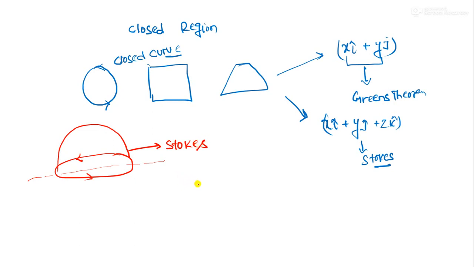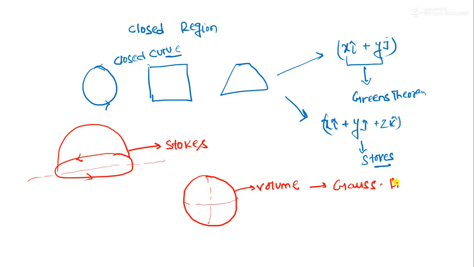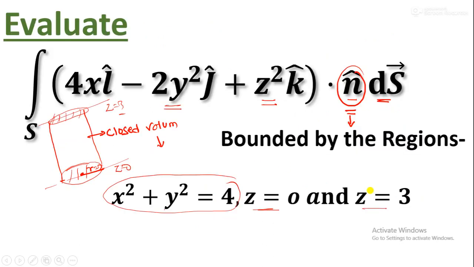And if we deal with an entirely closed surface, let's take a sphere which is entirely closed and contains some volume, then you will have to go for Gauss divergence theorem. In my lecture series, I will go one by one through different concepts related to Green's theorem, Stokes theorem and Gauss theorem. But in this question, as the region given is bounded by cylindrical spaces, that is a closed volume, you will have to go for Gauss theorem.